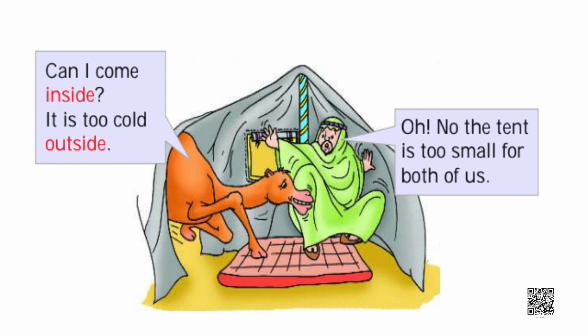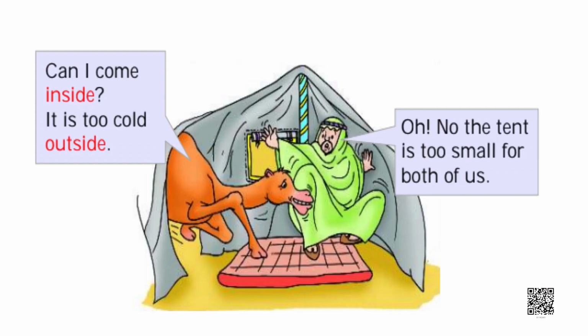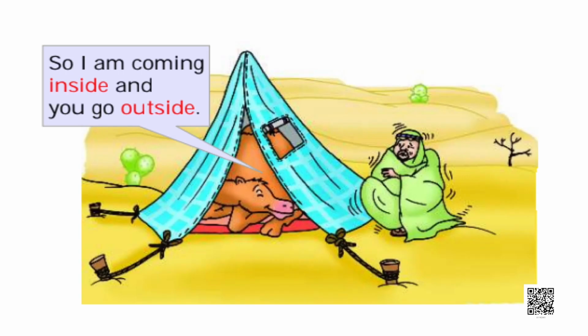It is too cold outside." The Arab said, No, the tent is too small. You have to wait outside. The tent is too small for both of us. So, the camel said, okay, if it is too small for both of us, I am coming inside. You please go outside.